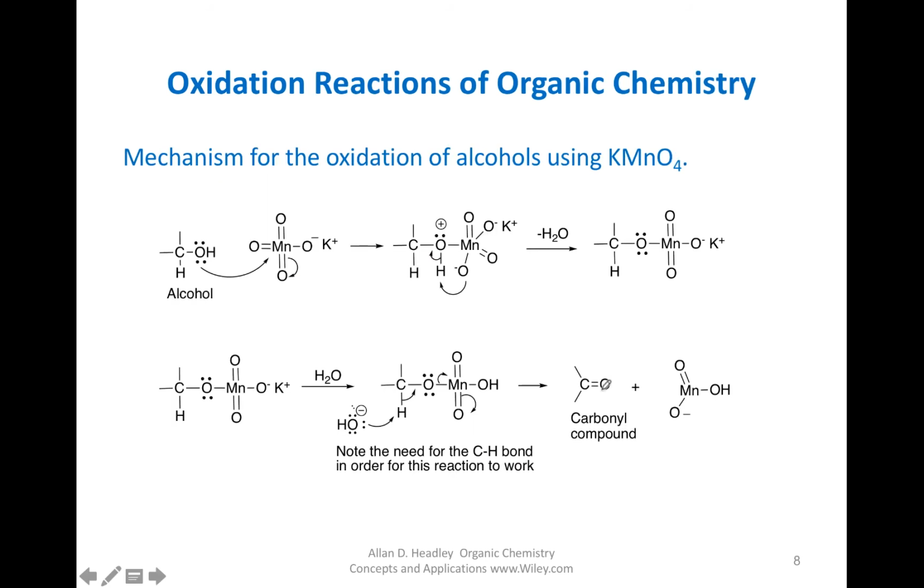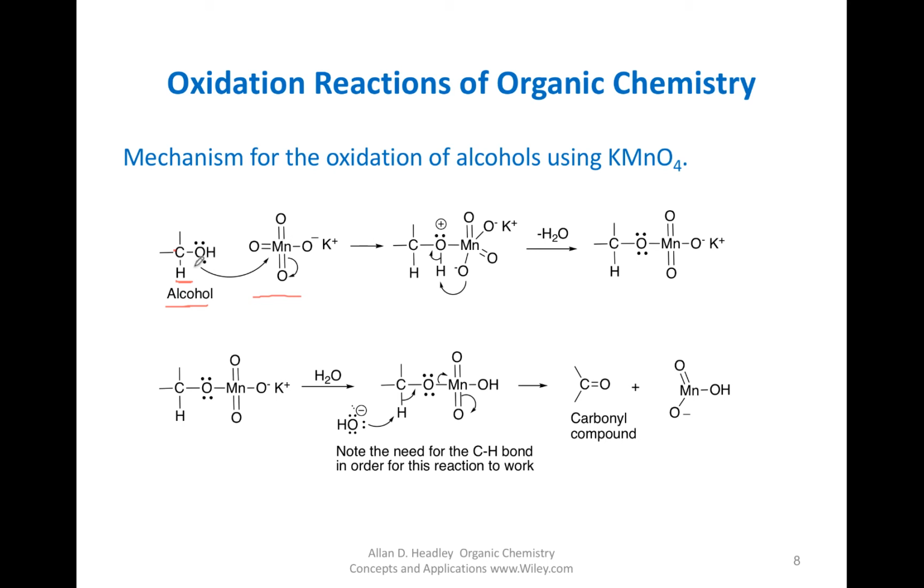Let us look at the mechanism to see how it works, number one, and the importance of having that hydrogen bonded to the carbon. Here's an alcohol. Here's a hydrogen that's bonded to this carbon. In the first step of this mechanism, potassium permanganate, as you can see here, this is the Lewis dot structure. This manganese here is bonded to 4 oxygen, which means that this is very electropositive.